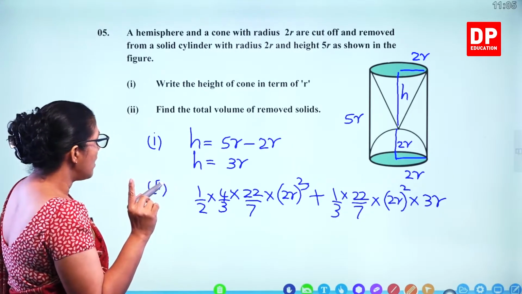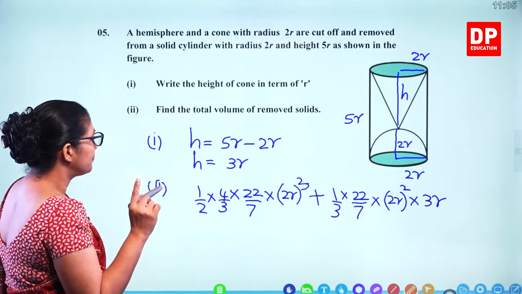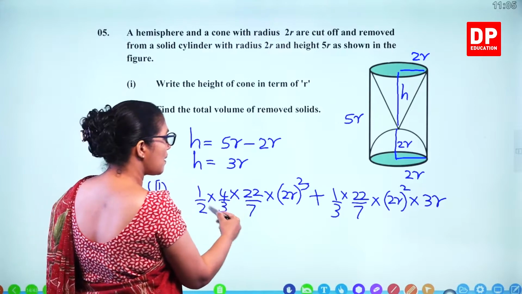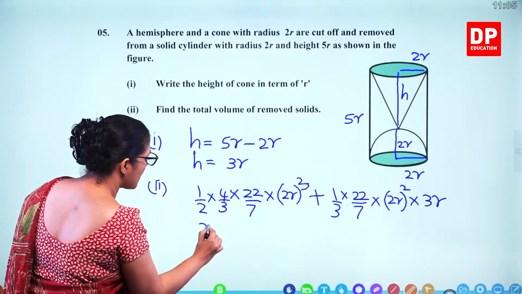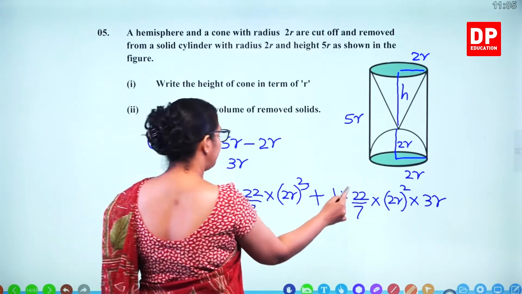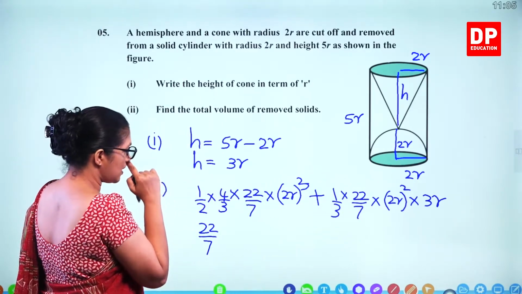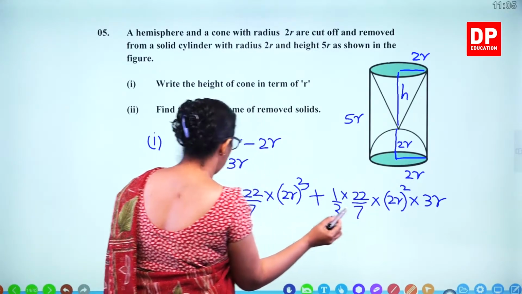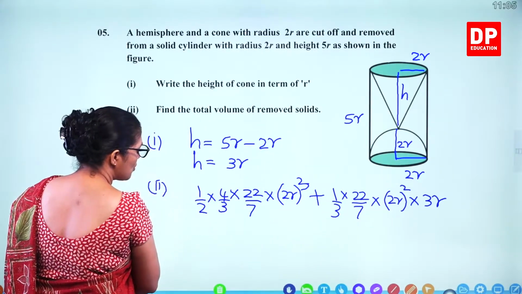So here we can see, we'll simplify here, 22 over 7 is common. And what else? Here 2r. So we'll, better to simplify.